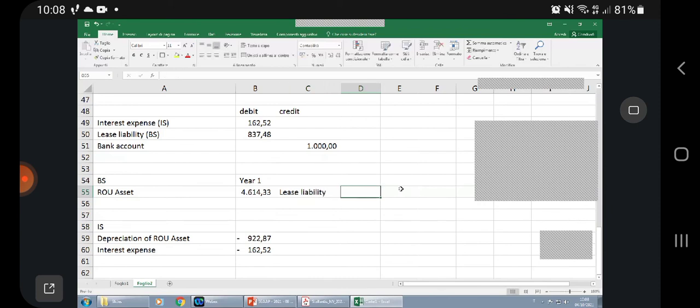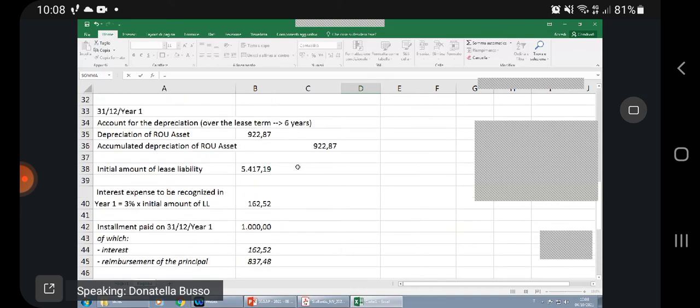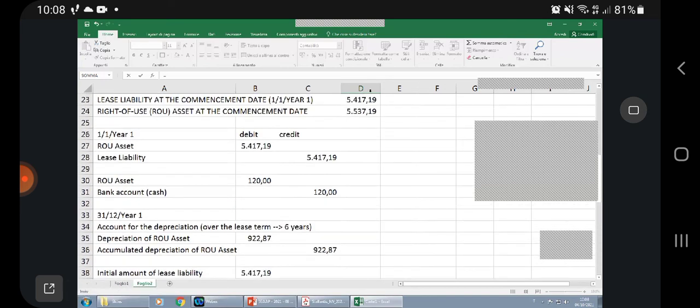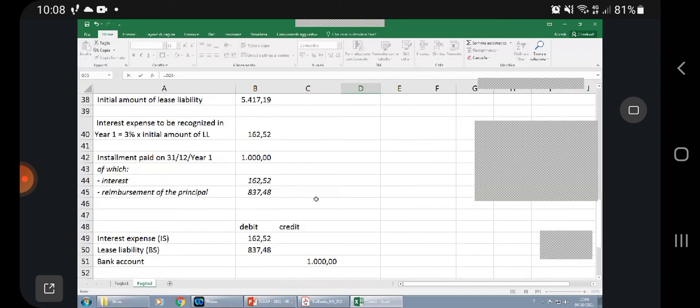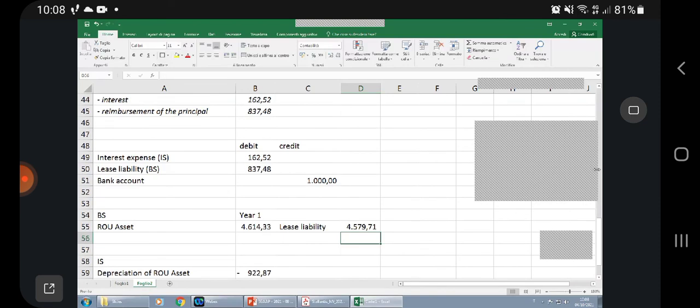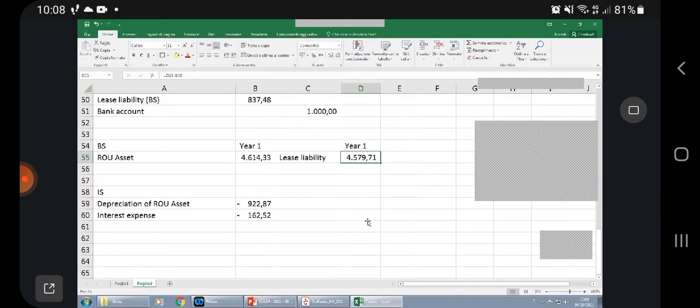And the total amount of the lease liability is the initial amount of the lease liability minus the amount reimbursed. So the lease liability after paying the first installment at the end of year 1 is equal to 4,579. Is this clear for everybody?